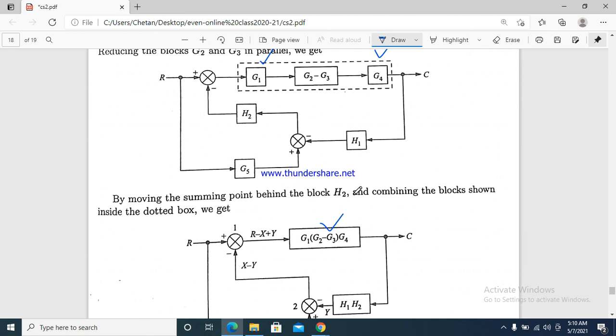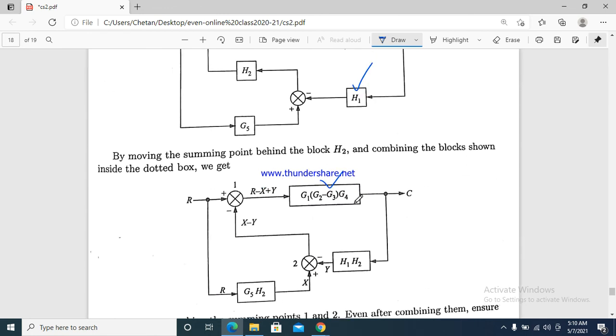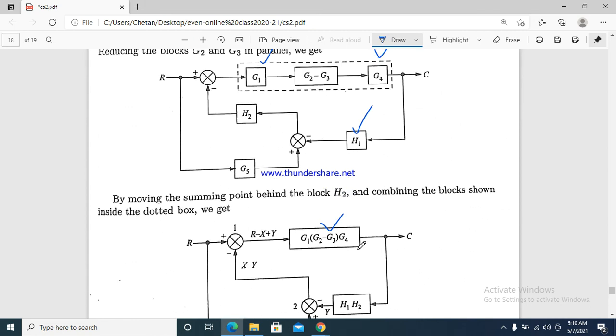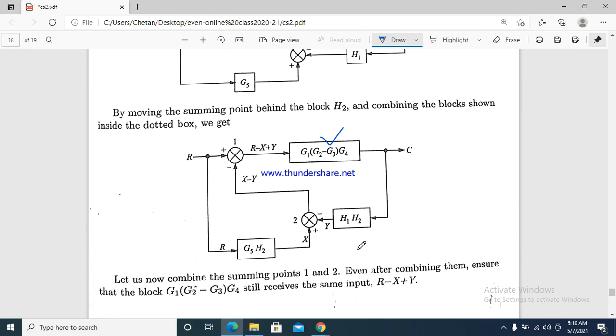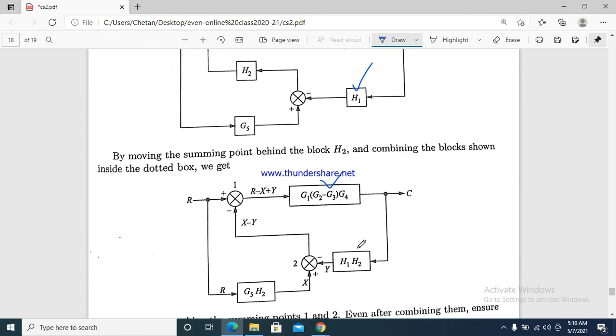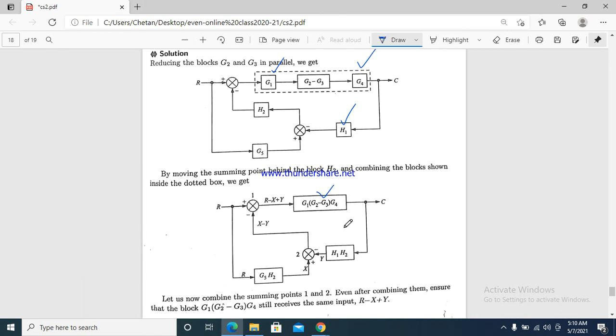Next, what they did, you can see H1 can be shifted to the H2 side as well as the G5 side. You can observe here H1 and H2. H2 is multiplied by H1 and also here you have G5. G5 is multiplied by H2.